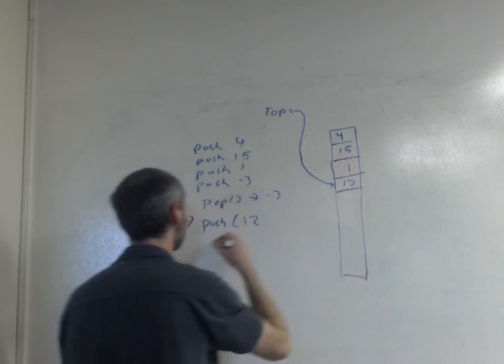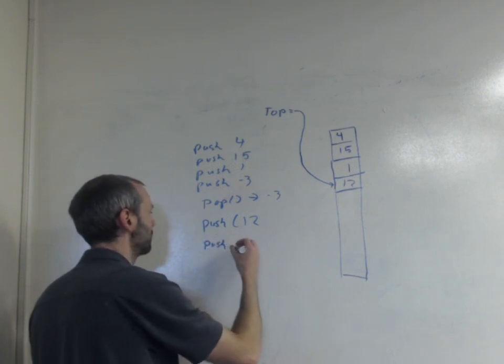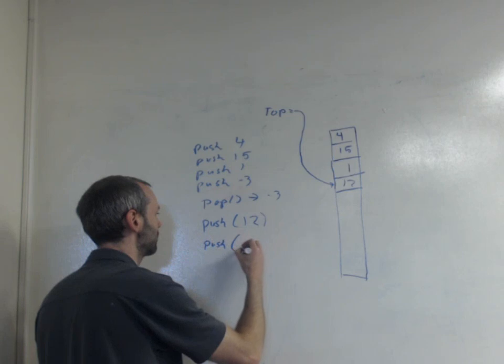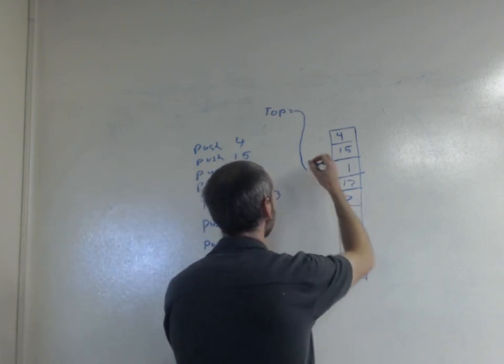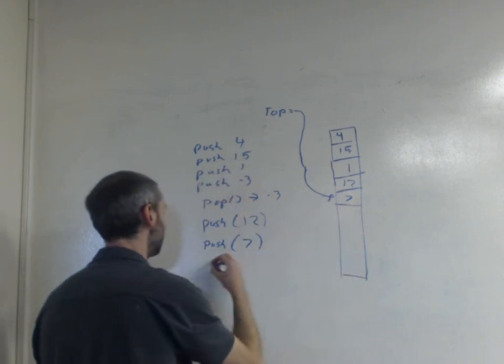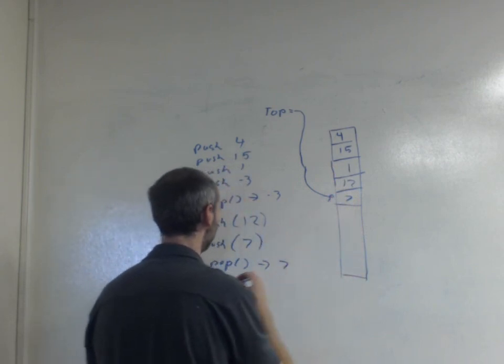All right, let's push another number. 7. All right, and then pop will give us 7.